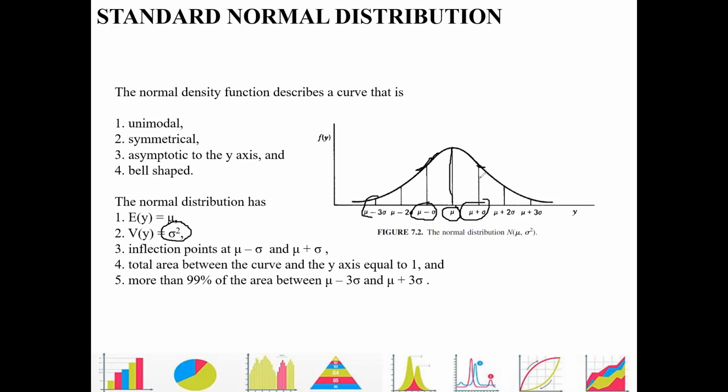Total area between the curve and the y-axis is equal to 1. So sa standard normal distribution, ang maximum natin is 1 or 100%. Ang total area daw between the curve and the y-axis is equal to 1. So ito part na to. Yan yung shaded part. Yan yung 100%.